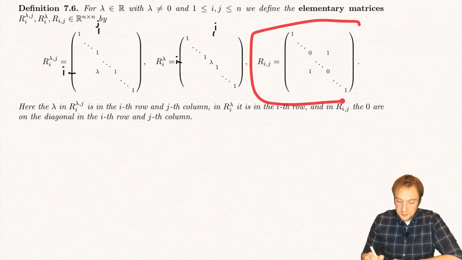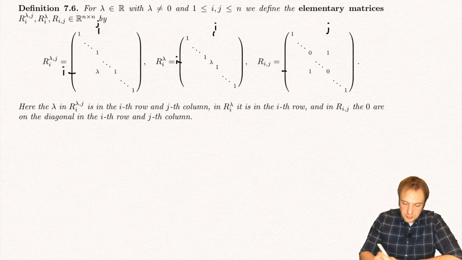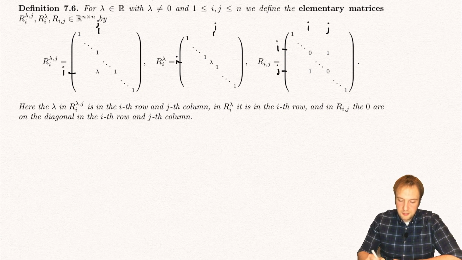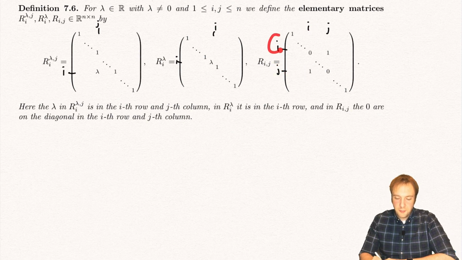And the last matrix is again the identity matrix, except that in row I I have a 0 on the diagonal, and in row J I have a 0 on the diagonal. But then in column I and row J I have a 1, and in row I and column J I have a 1.